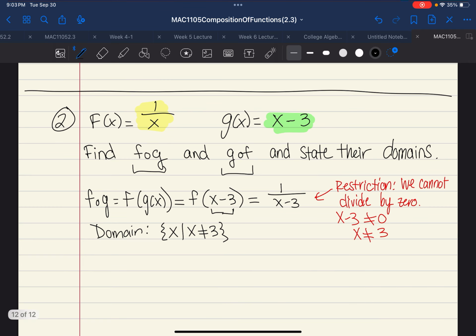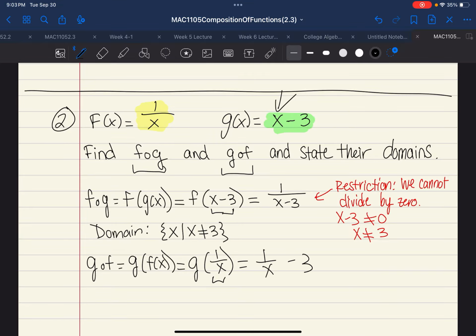Okay, the next one is g of f, which is the same thing as g of f of x. And f of x is equal to 1 over x. So I'm going to plug 1 over x into g everywhere I see an x. So that would just be 1 over x minus 3.